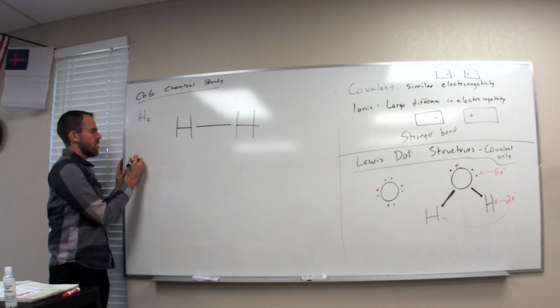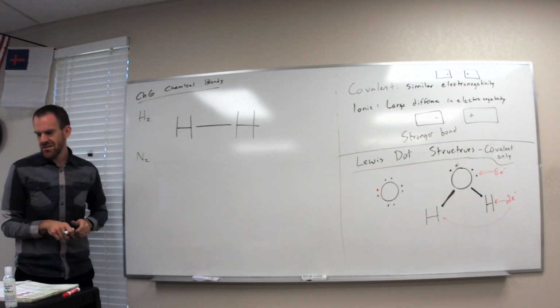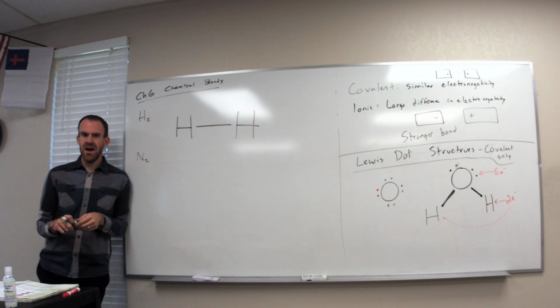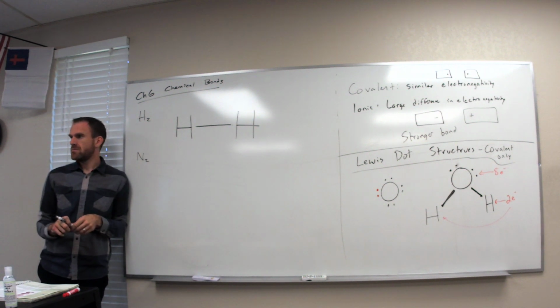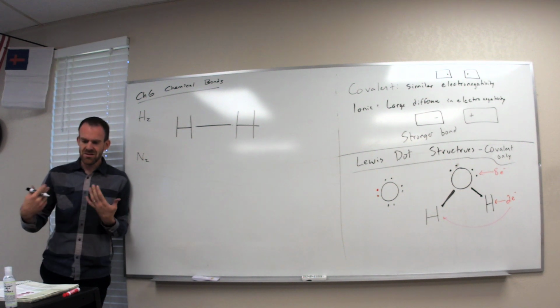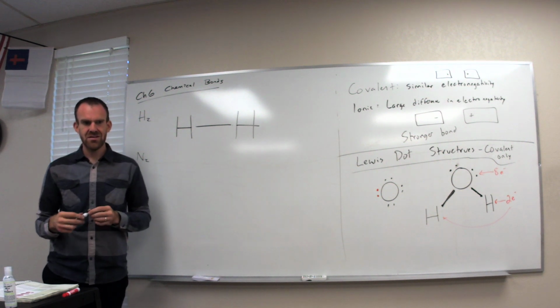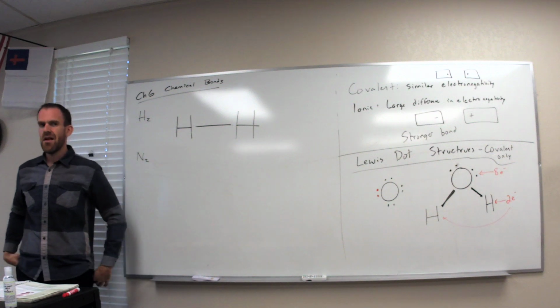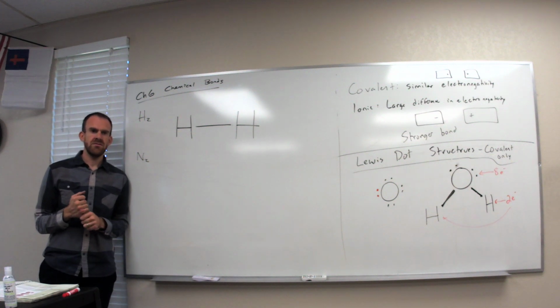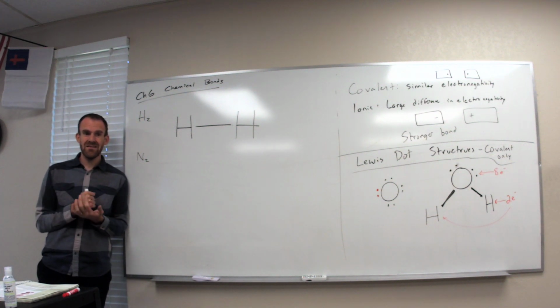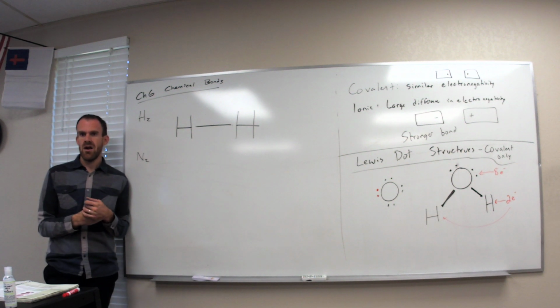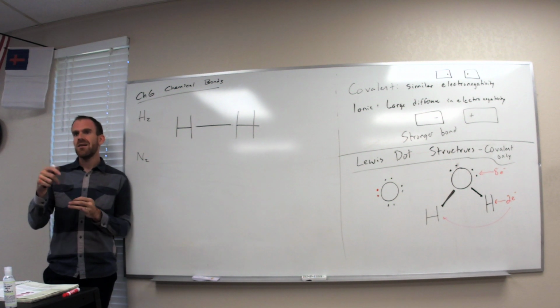Okay, let's go for nitrogen. How many valence electrons does nitrogen have? Look it up. Periodic tables. Come on, guys. You're in chemistry class. You're expected to have this stuff. Seven. Nitrogen has 7 valence electrons. I disagree. Strongly. How many?